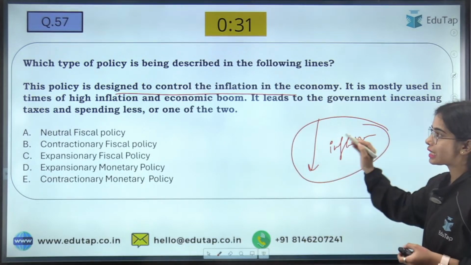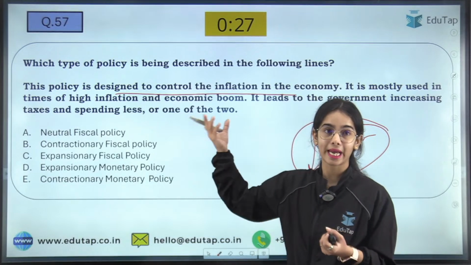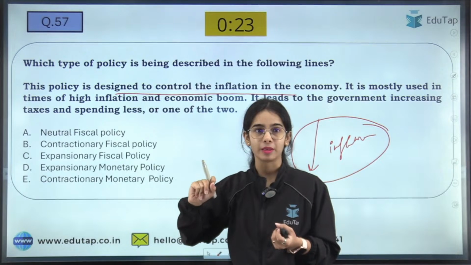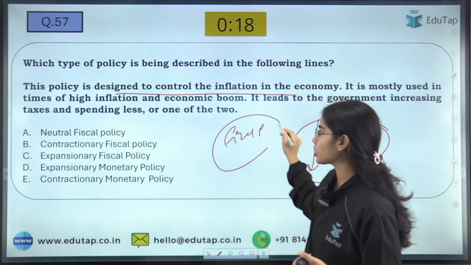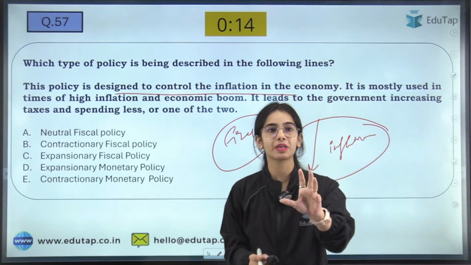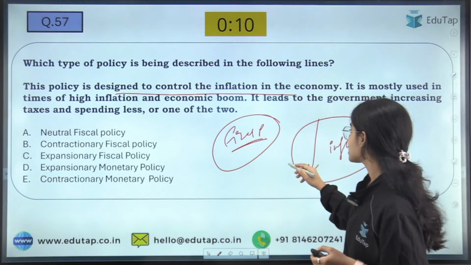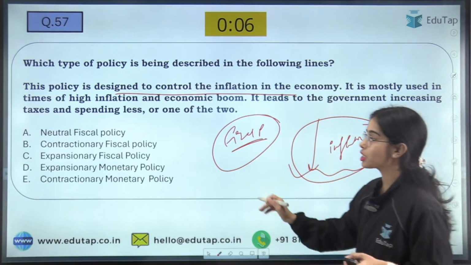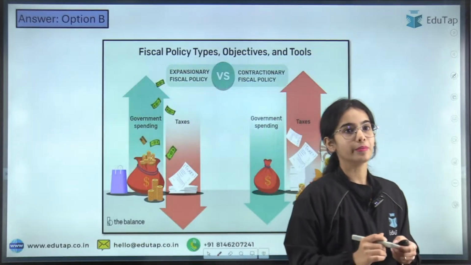What do we have to do? The focus is given to government expenditure and spending. So first of all, we are talking about fiscal policy, the policy of the government, because government expenditure or taxes is clearly mentioned. To decrease the inflation, the government has to decrease government expenditure and increase the taxes. So that is contractionary fiscal policy. Very good. So B is the answer here.